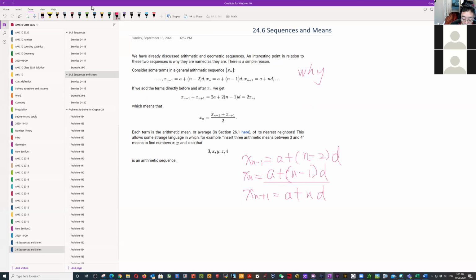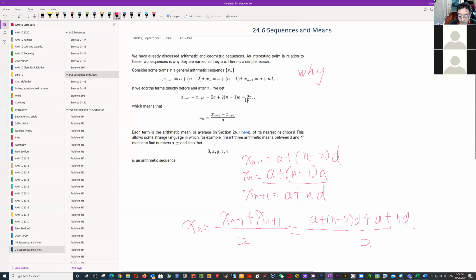So basically xn is equal to x(n minus 1) plus x(n plus 1) over 2. You can plug in the numbers and prove it very easily. So this is x(n minus 1), just plug in here. It's going to be a plus (n minus 2)d plus a plus nd, divided by 2.